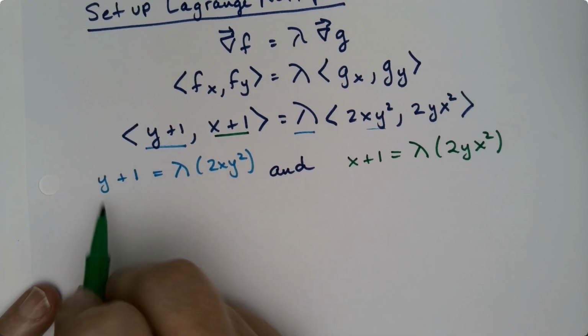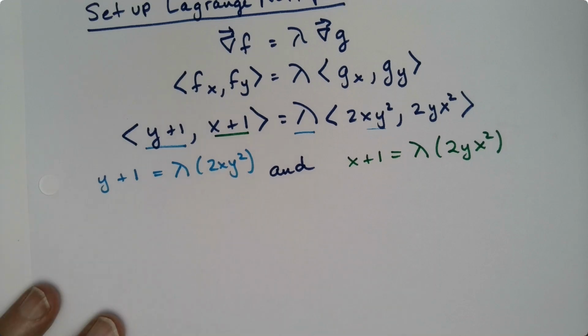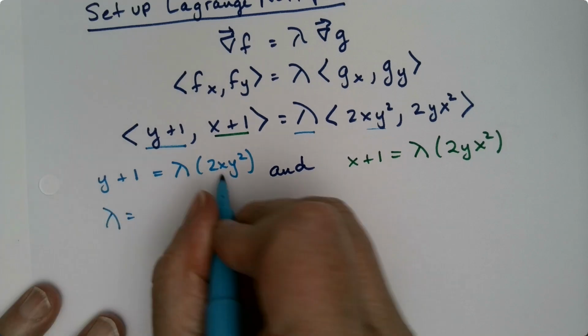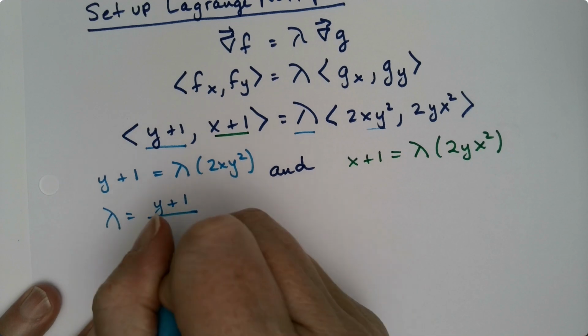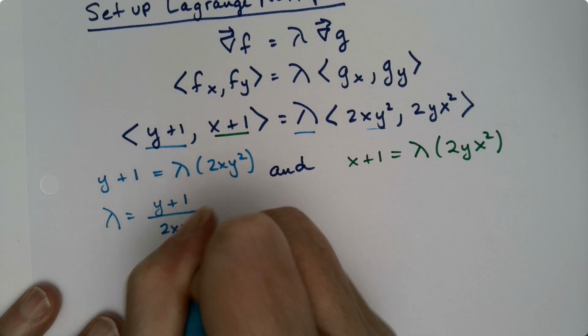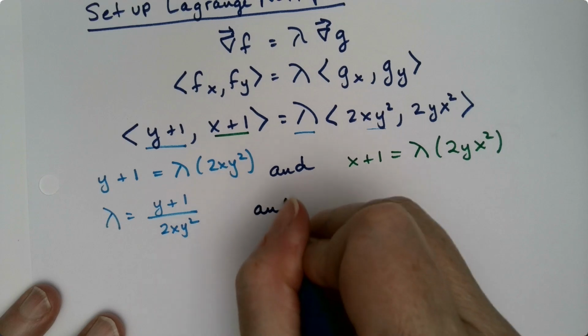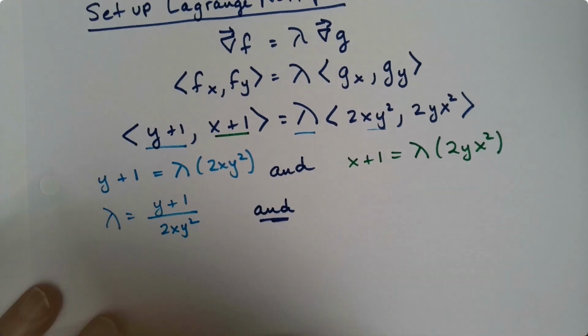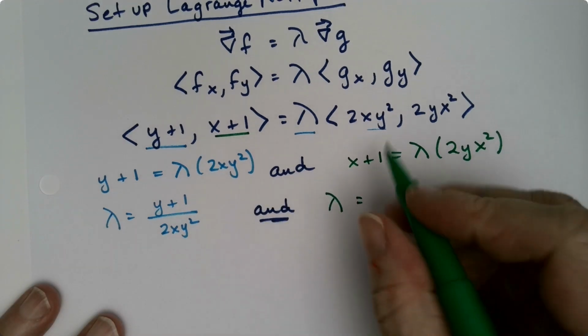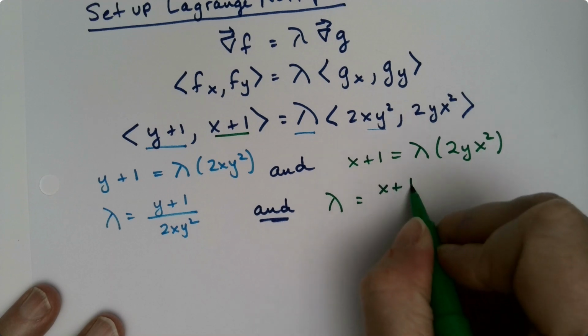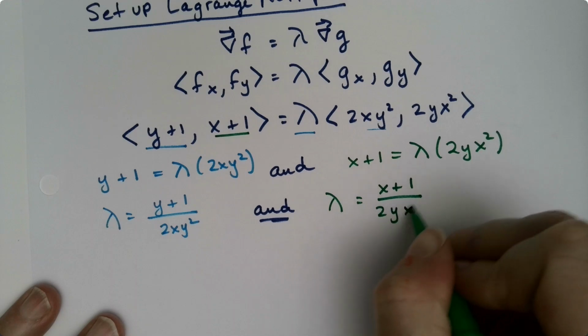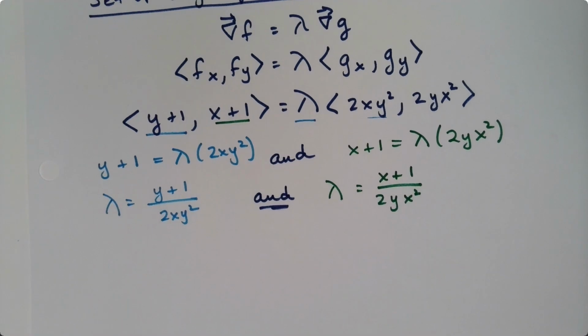So in other words, if I solve this for lambda, lambda is y plus 1 over 2xy squared, and lambda is x plus 1 over 2yx squared simultaneously.